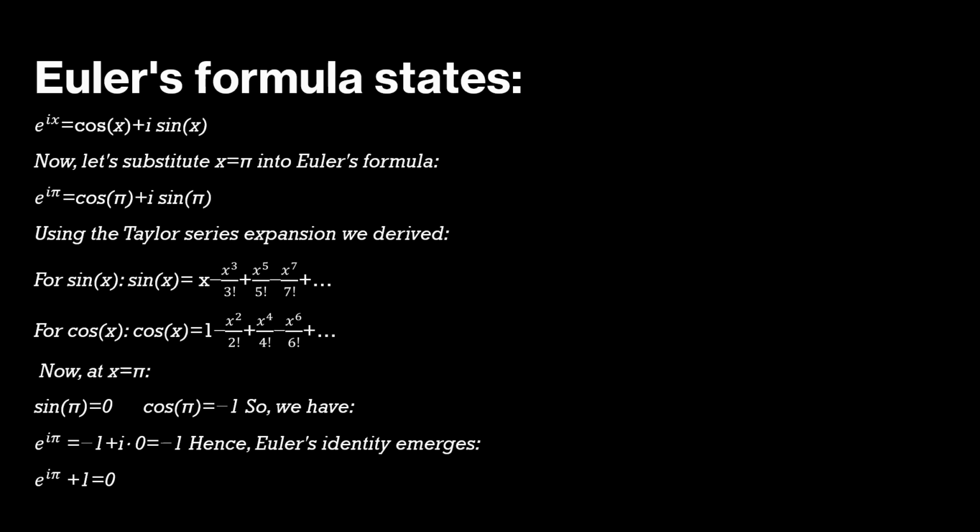So now we will substitute all the x values from that formula with pi, and so we will get sine pi equals 0 and cos pi equals -1, and so we have e to the power i pi equals -1 plus i times 0, and hence we'll get -1, and hence Euler's identity emerges, and we're left with the formula e to the power i times pi plus 1 equals 0.